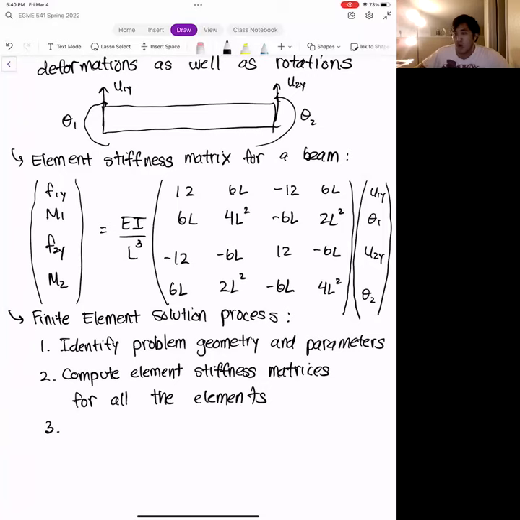So this is strictly just for textbook problems, because if you had a real life geometry, how you mesh the geometry is going to be more or less up to you. But for these problems, just because I want everyone to work on the same thing and get the same answer, the discretization or the mesh, or how many elements you have, is going to be given to you.